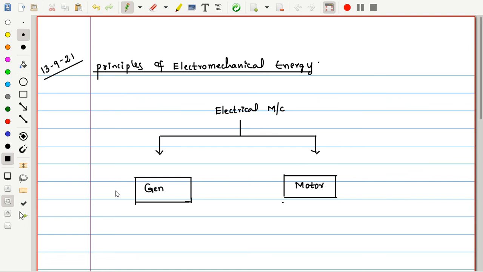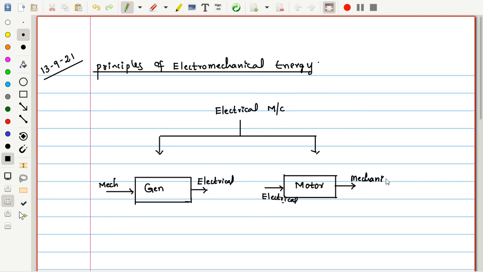And we said that the input to the generator is of mechanical domain, whereas the output of this generator is of electrical nature. So the output is in the electrical domain, whereas for the motor the input energy is in the electrical domain, whereas the output is in the mechanical domain.